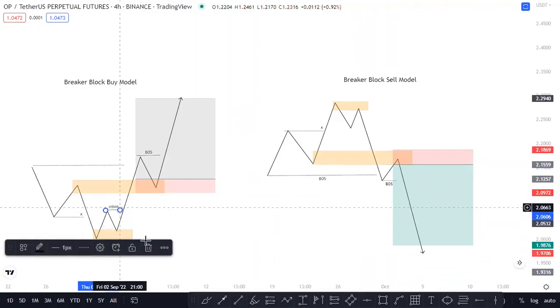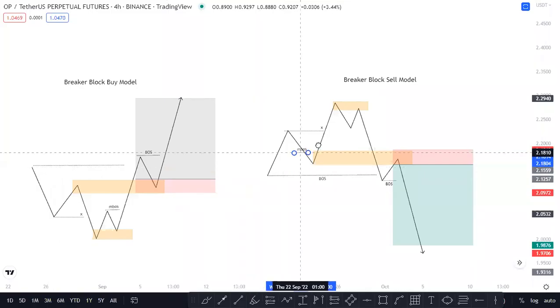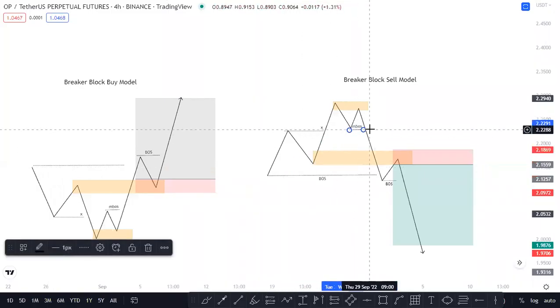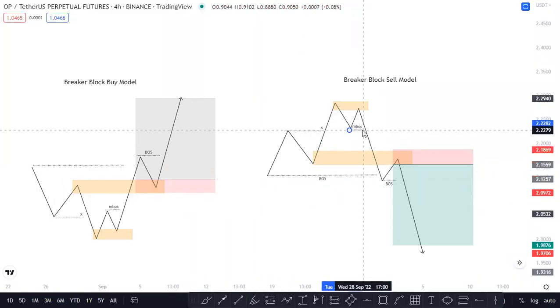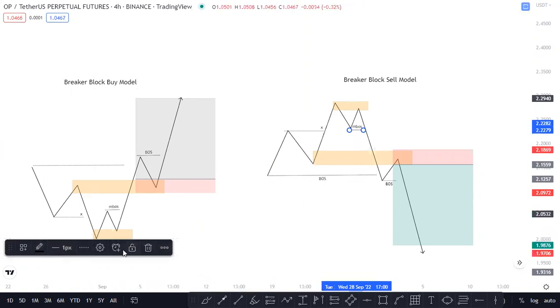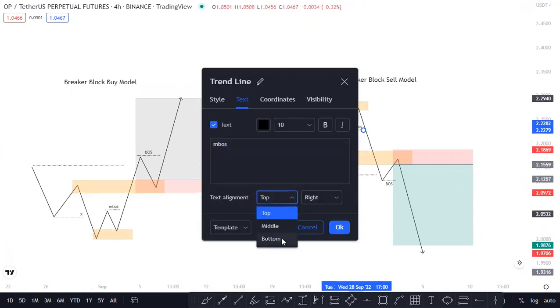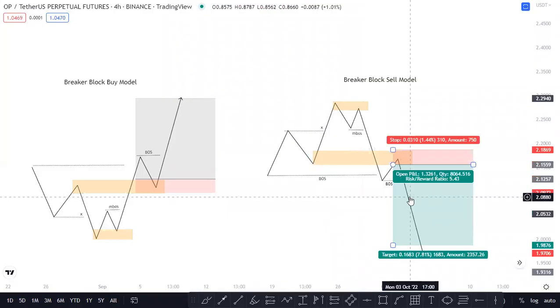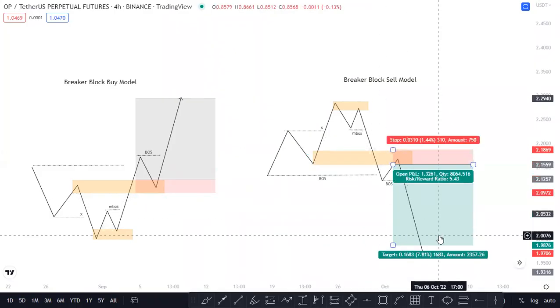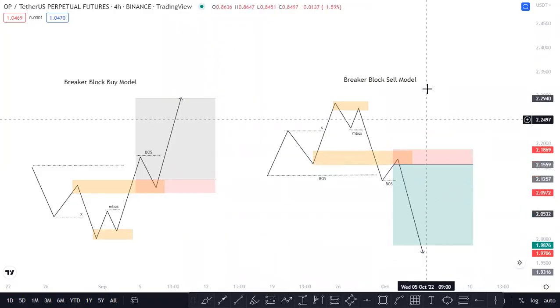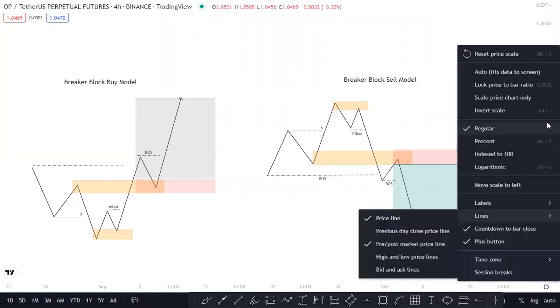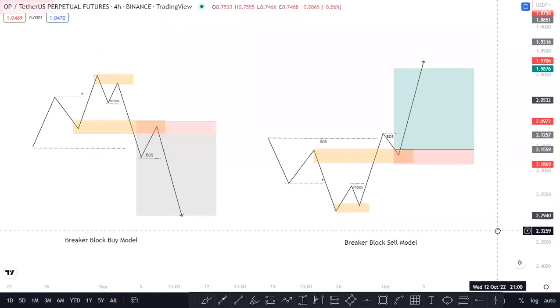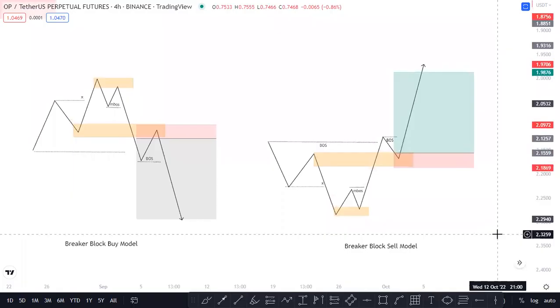And here, let me take this MBOS back up there. So now if I invert this, they are all the same thing, breaker blocks, inverted. So you can see that they are actually the same.